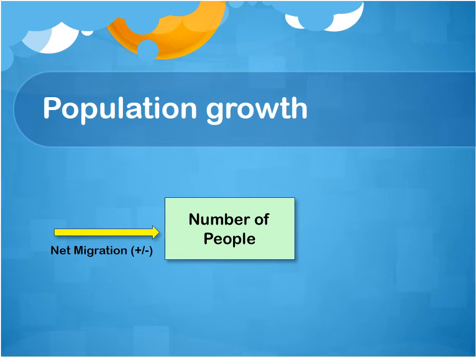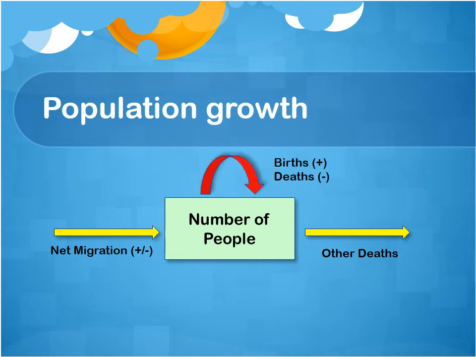It could be a net migration into the location or out of the location, and the output of that is deaths that are related to accidents or just people dying naturally, and then there's of course the births and deaths that occur naturally within the system. Okay, so again, the balance of these inputs and outputs will give you the dynamic changes in population.